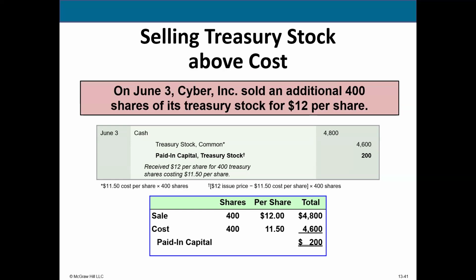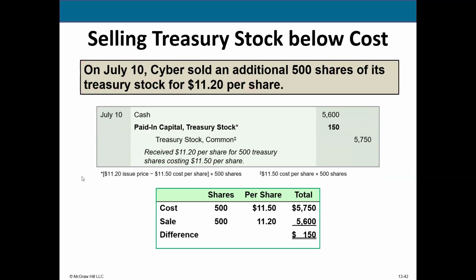Now, also, sometimes the company might decide to sell the treasury stock below what they had originally paid for it. Don't know why they would, but sometimes they could. In this case, we see that they're selling it below par value, $11.20 per share instead of the $11.50. So we call this paid in capital below par value of treasury stock.